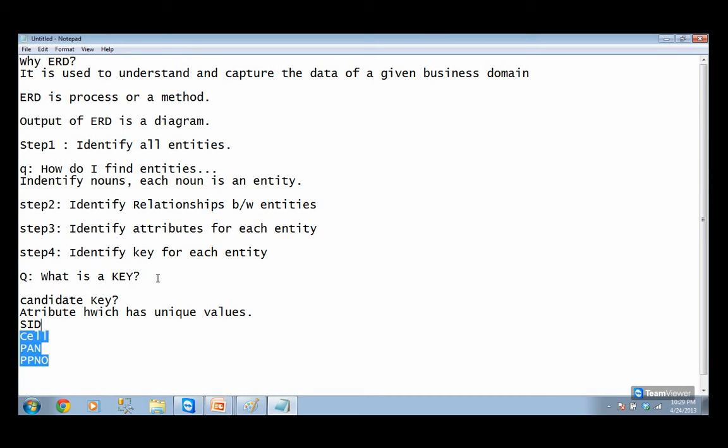All of these will have unique values. If you have Aadhaar card number also, all these five are called candidate keys. But out of them you choose one key as the primary key.